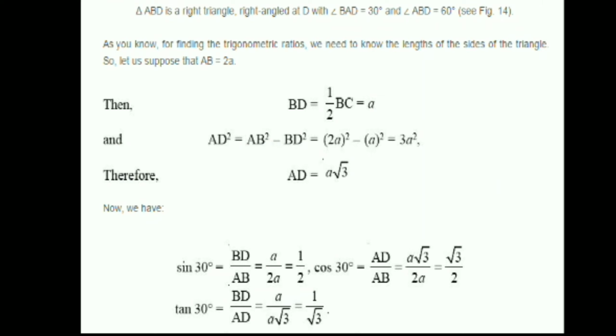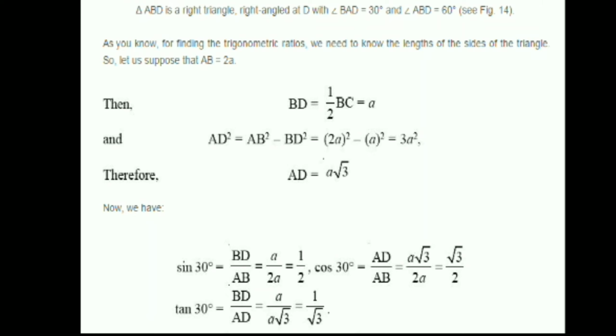Now again we need to apply sin 30, cos 30 and tan 30. Sin theta is equal to perpendicular upon hypotenuse. Perpendicular was BD upon AB. So BD is A and hypotenuse is AB, that is 2A. We have let the sides be 2A. If we let the sides be small a, the same values will come.